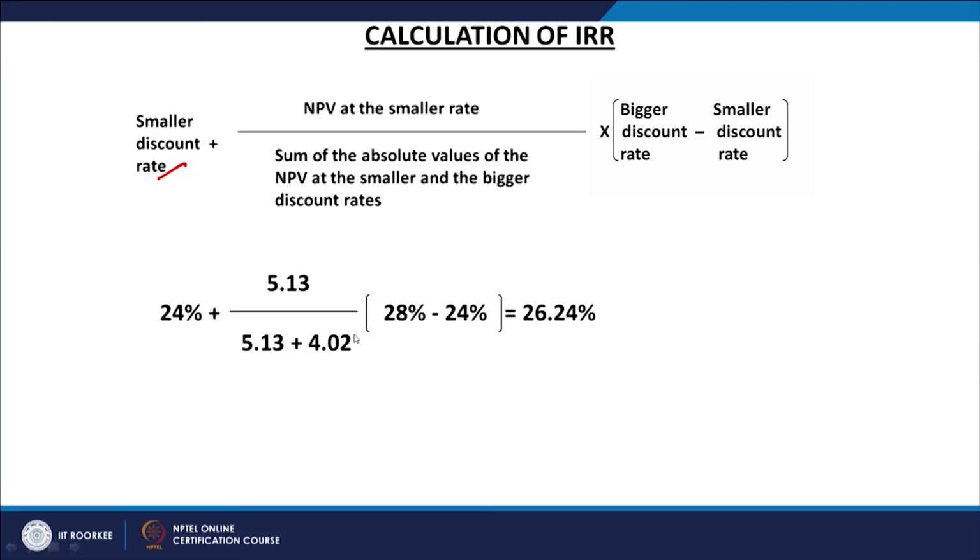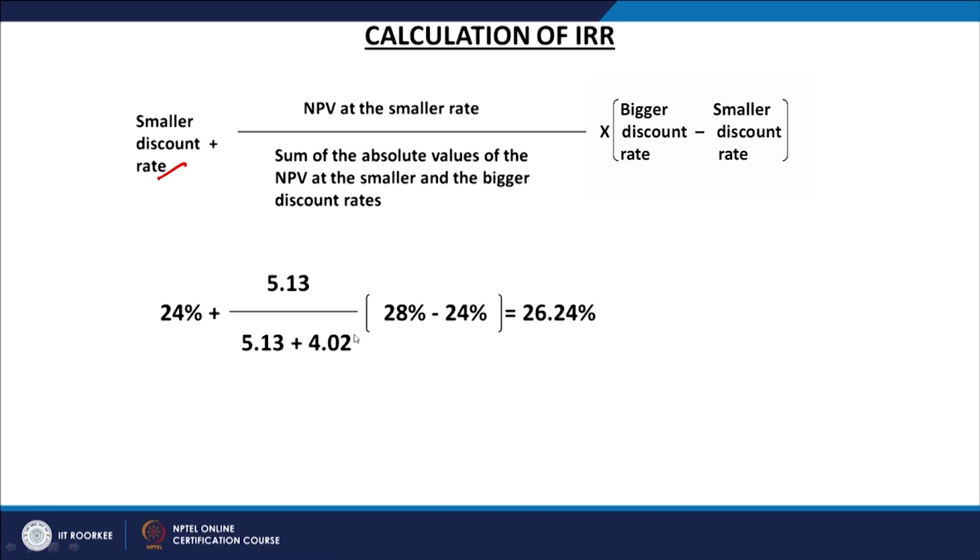So, in this case we have found the exact rate, 15.37%, and we have explained the steps also. First of all, calculate 2 NPVs, then sum them up, then calculate the ratio between the smaller NPV, meaning the NPV at the smaller discount rate, and the sum. Then you put all the values into this model: the smaller discount rate plus the ratio, multiplied by the difference of the two discount rates, and you will find the exact rate.